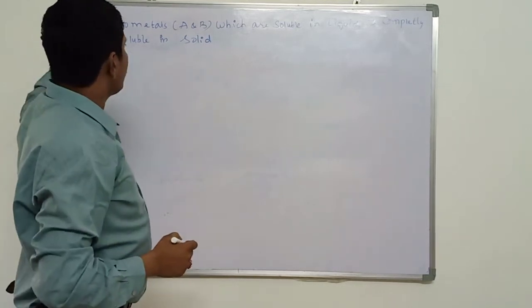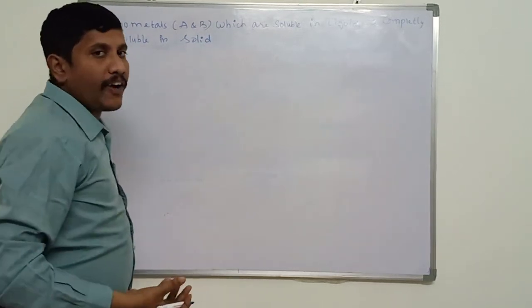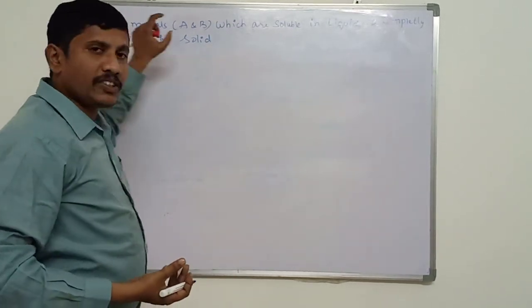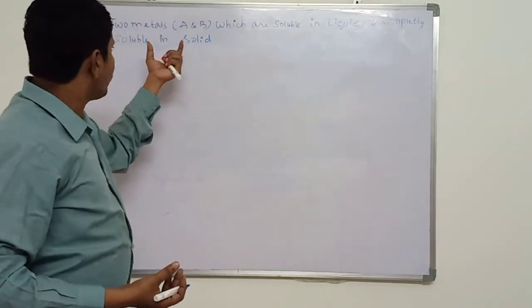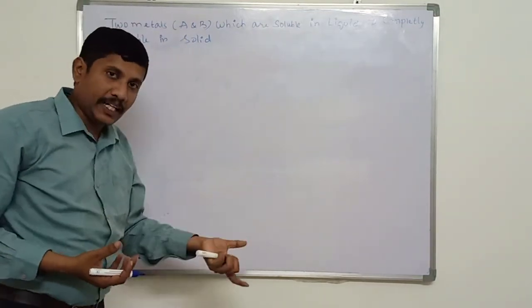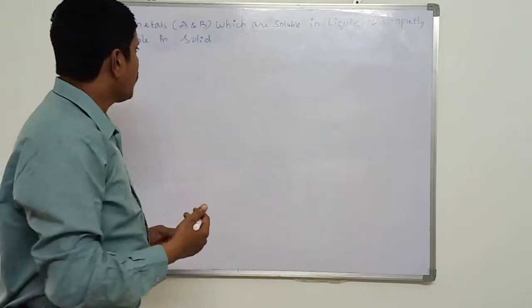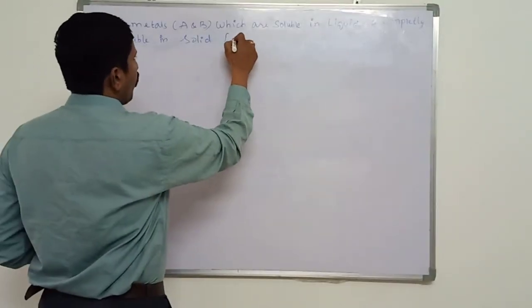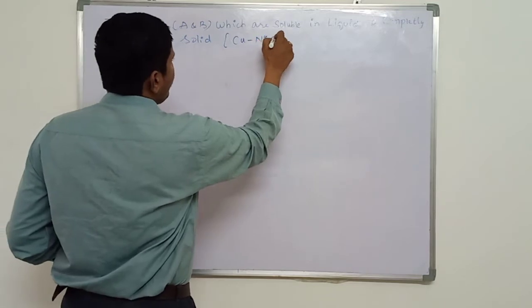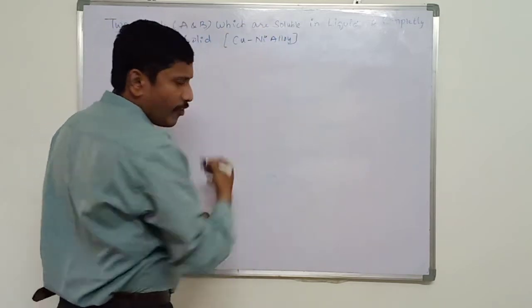So if this condition is satisfied, when the two metals are completely soluble in the liquid phase and completely soluble in the solid state, then an isomorphous alloy can be formed. Okay, so copper nickel alloy is an example for isomorphous alloy.